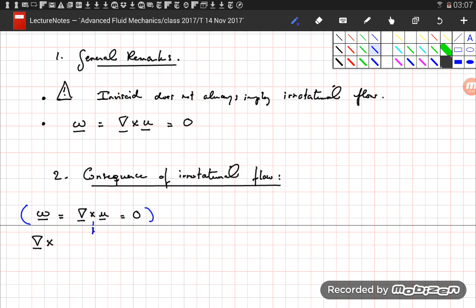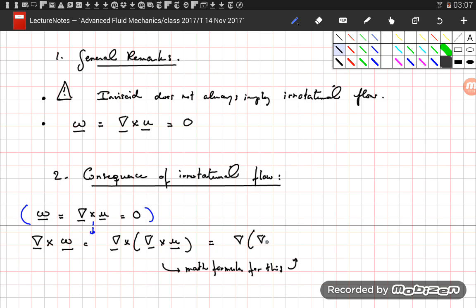So the curl of the vorticity is equal to the curl of the curl of the velocity, and there is a mathematical formula for the curl of the curl, which you can find in your handout. The curl of the curl of u is equal to the gradient of the divergence of u minus the Laplacian of u.